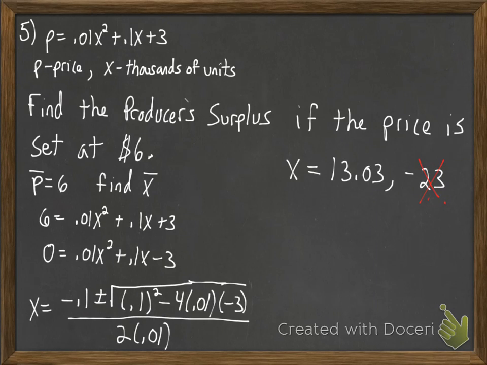It should actually be negative 23, but again, it's not going to matter. We do have our one, which is now going to be our X bar. Right, that's the quantity that they would be willing to sell. And again, that's in thousands, so it's really 13,030 of those products they'll be willing to sell at a price of $6.